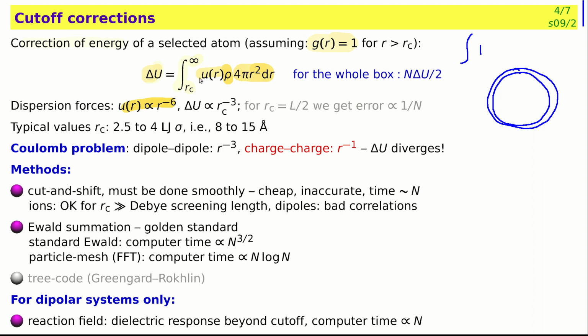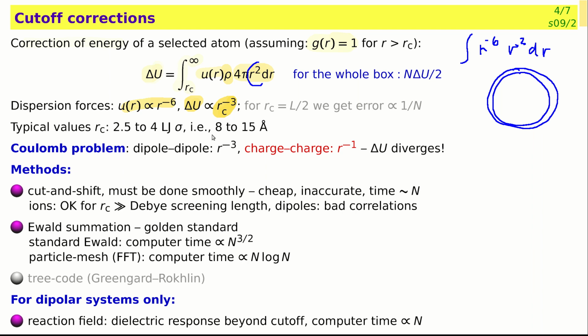I will not write the constant here, so the integral contains r to minus 6, and the element is r squared times the r. It is an integral over r to minus 4, and it does converge. And the result is that this correction is proportional to the cutoff to minus 3. Okay, doesn't look bad.